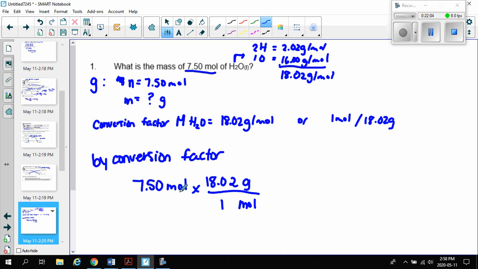That mole on top cancels with mole on the bottom. So in your calculator, you would punch in 7.50 times 18.02 divided by 1 if you felt so inclined. And you would get 135.15 grams.